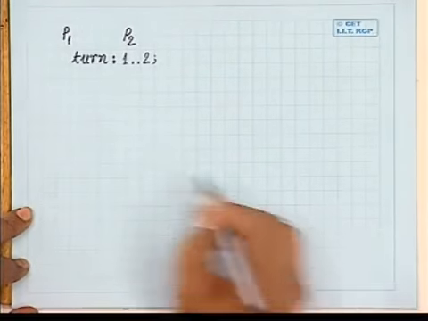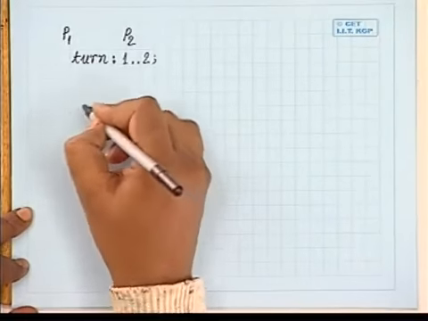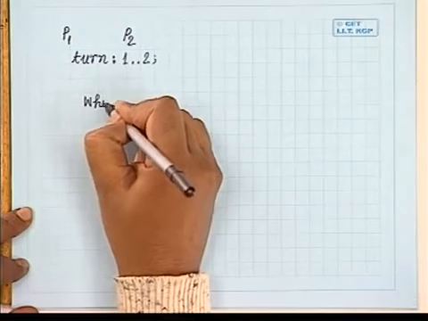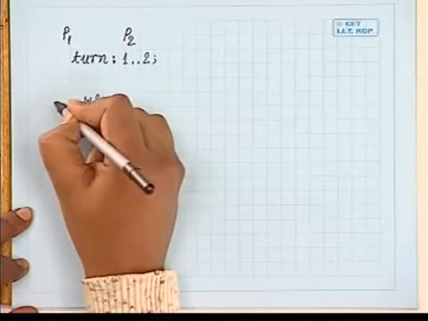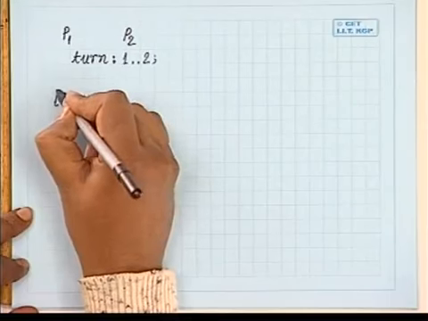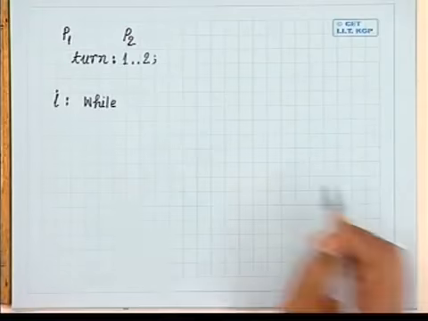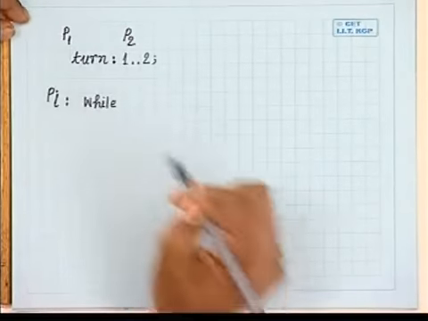Then for every process, the entry section can be written like this. Let us assume that this is the ith process, I may be 1 or I may be 2, so this is process Pi.